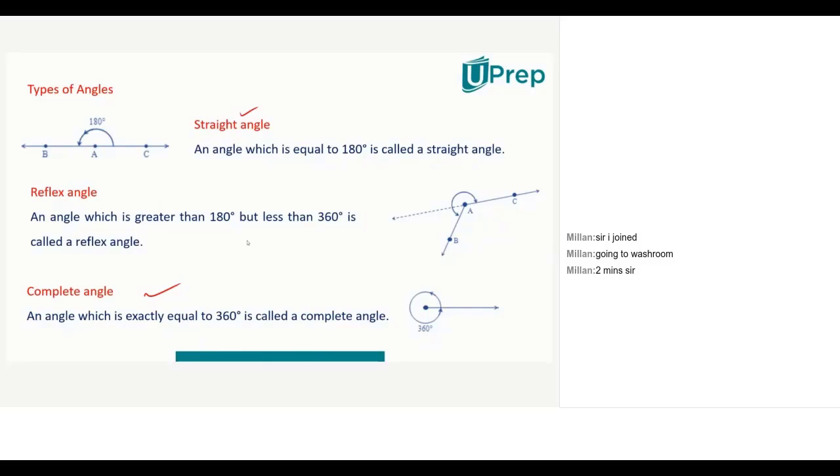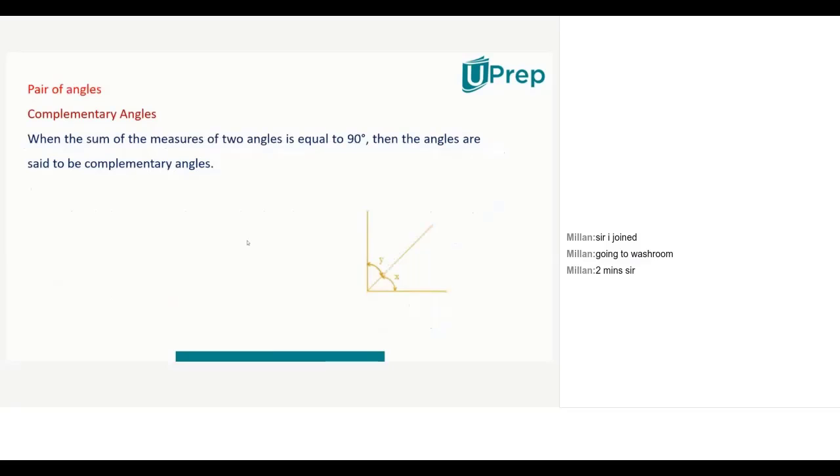Based on the formation, what are the different types of angles? And I'm sure you know this from your 7th class. What are complementary angles? The sum of measures of two angles equals 90 degrees. Then the angles are said to be complementary angles.